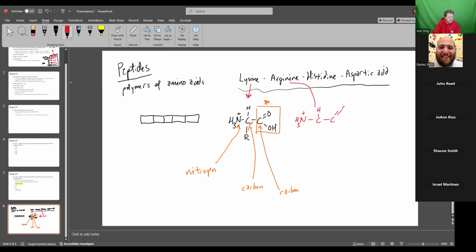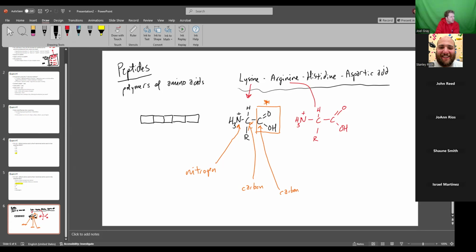HCOH. And then again, I'm going to draw my R group. I'm responding to a private message: are the R groups the functional groups? Sorry, I think I'm confused on the functional groups and parts of the amino acid. Thank you.